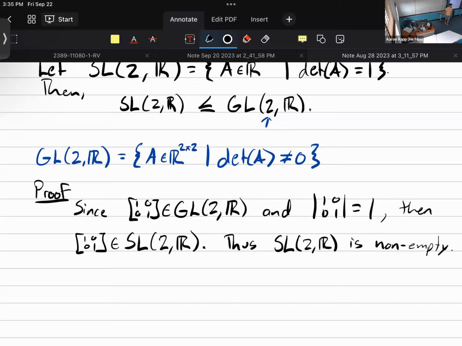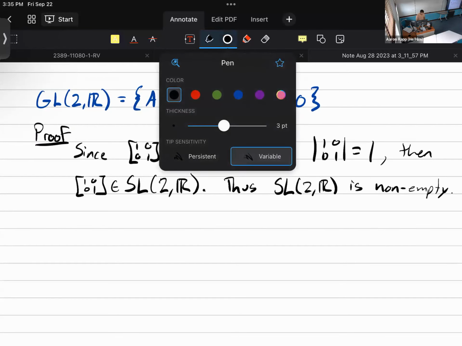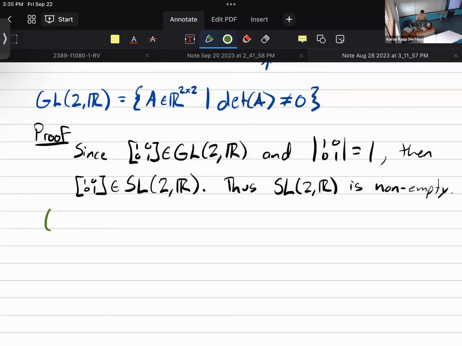To show that this SL is a subgroup of it, what do I need to show? The inverse. Inverse is involved. What is it? The inverse in the group? So if it is a group, it will have an inverse, right?